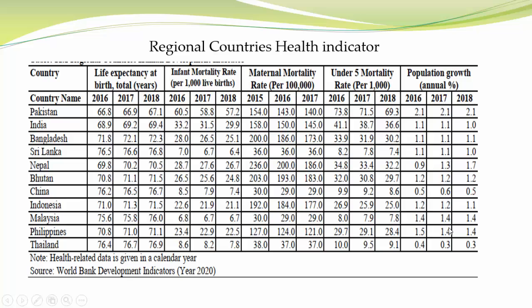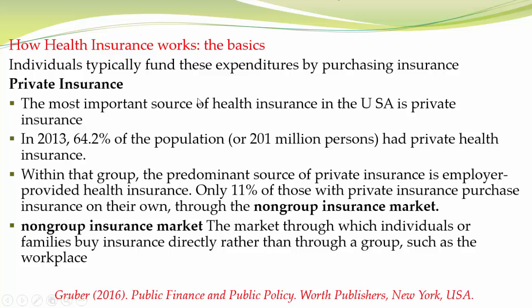In 2017 we kept the same position, while in 2018 also we had the same position. The government is trying its best to improve the health indicators, but still we are far behind the regional countries of our region.